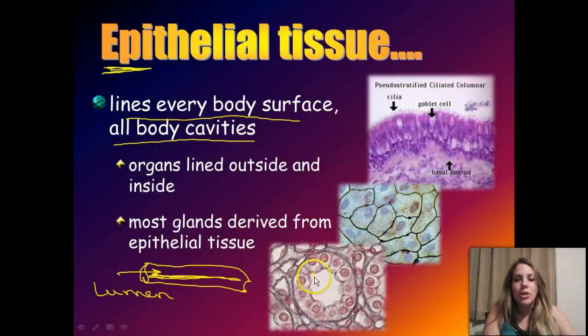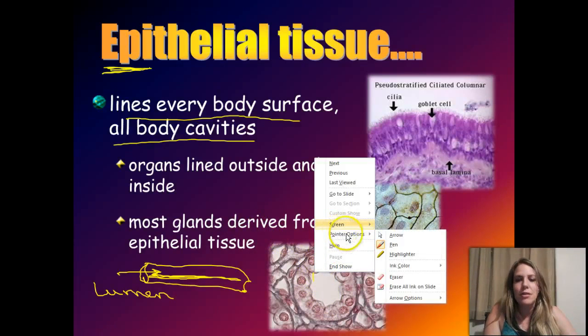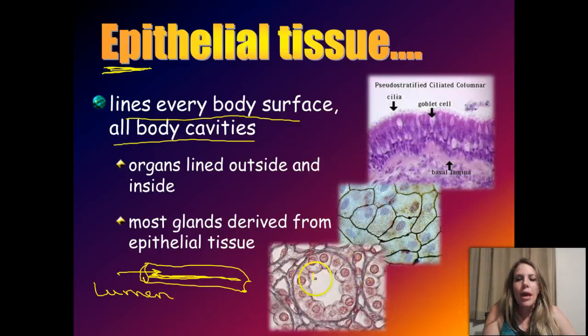So I am actually going to change my pen color for this just to make it a little bit easier here. Okay, and I'm going to write in this space lumen. Okay, so that's my lumen. And then of course outside of this tube, you can see that the edge of the tube there looks like it's packed with other cells, but nonetheless it's kind of a space. It's some other thing going on.